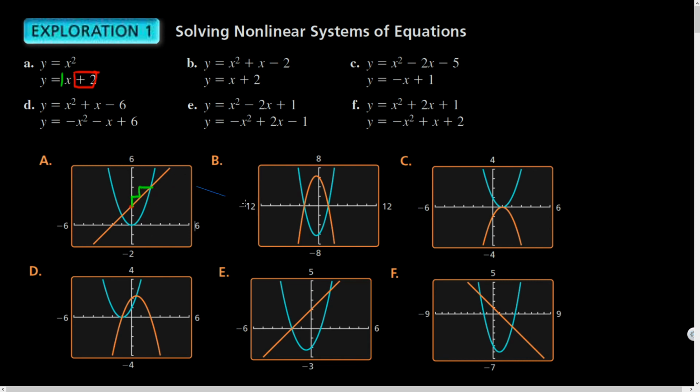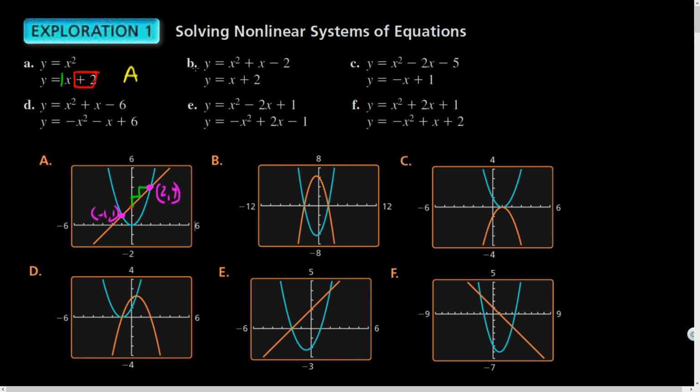And so as a result, you can identify these two graphs, and the solution, plural, would be the places in which they intersect. And so this solution would be like 2 comma, it looks like 1 2 3 4, and this solution would be negative 1, 1. Although in this case it doesn't look like we have to find the solutions, we're just trying to match, and so A goes to A.